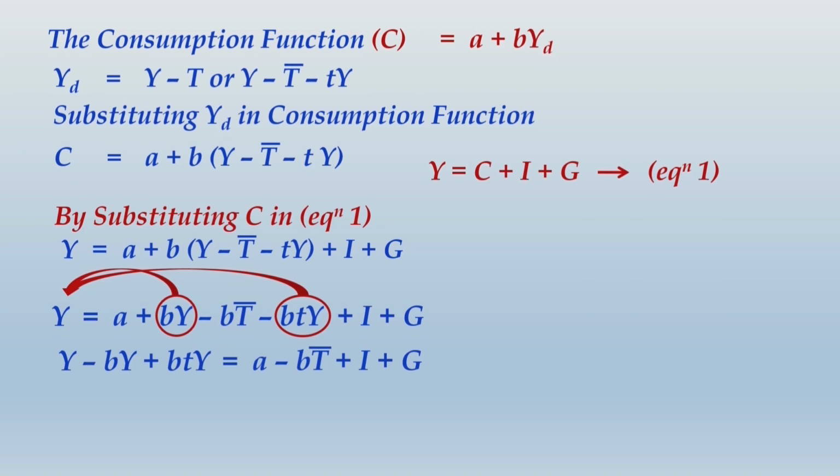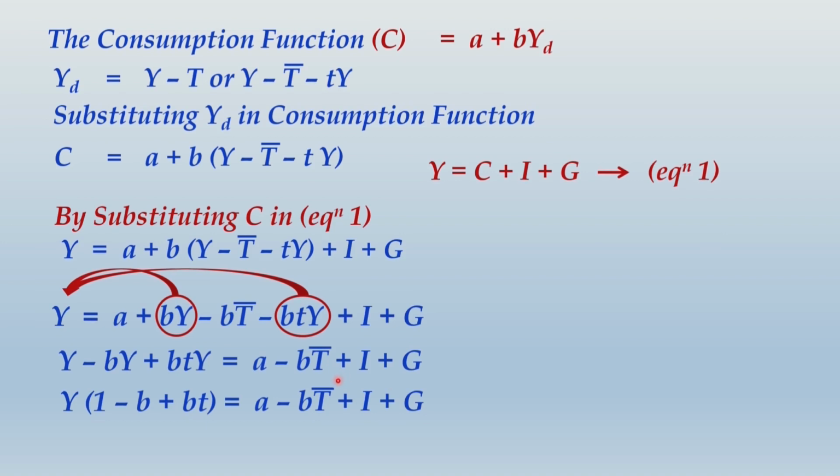When you observe the left hand side of the equation, Y could be taken as common. So you take Y as common and you get within brackets 1 minus B plus Bt, and here you get the right hand side as it is, A minus B into T bar plus I plus G. Now if I have to find the value of Y, I will simply shift this whole thing to the left hand side.